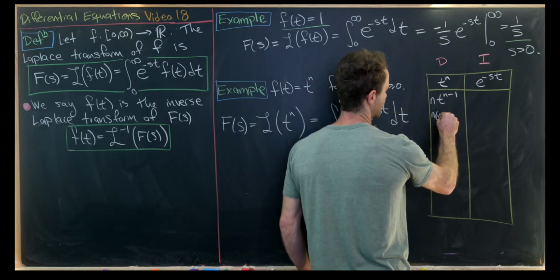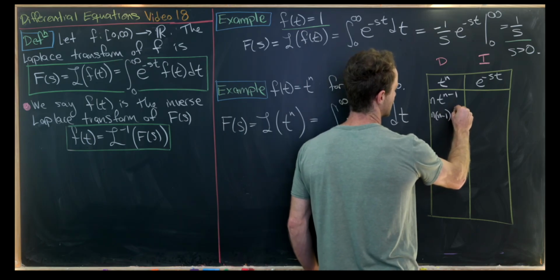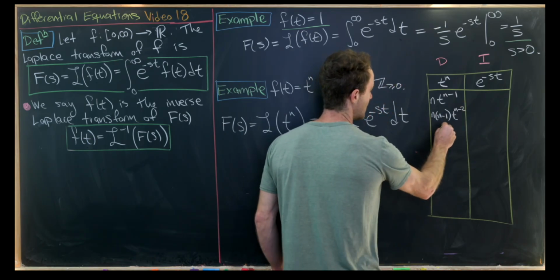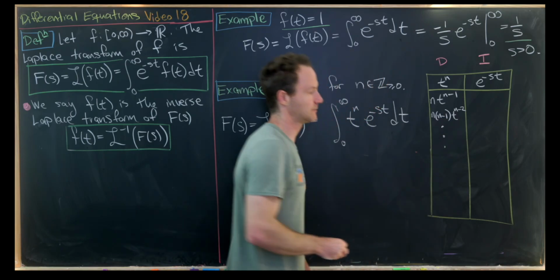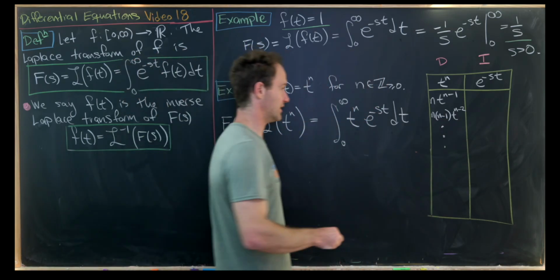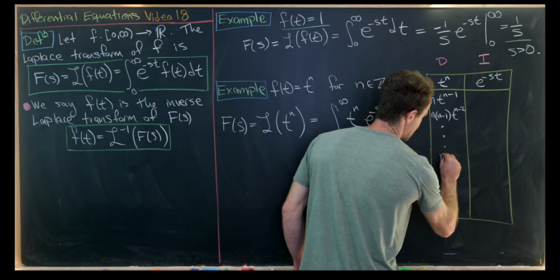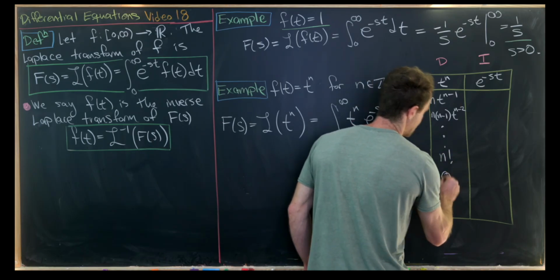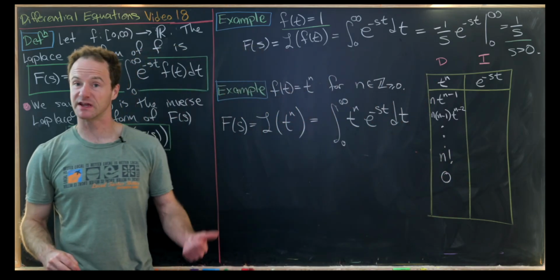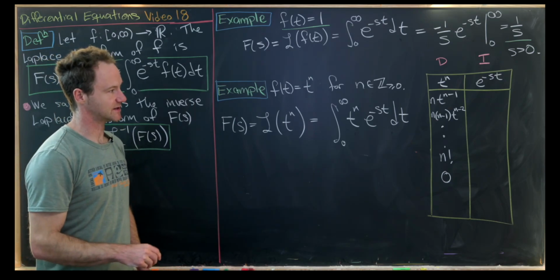The second derivative will give us n times n minus 1 times t to the n minus 2, all the way down. Our nth derivative will give us n factorial, and then the next derivative will give us 0, because n factorial is a constant.